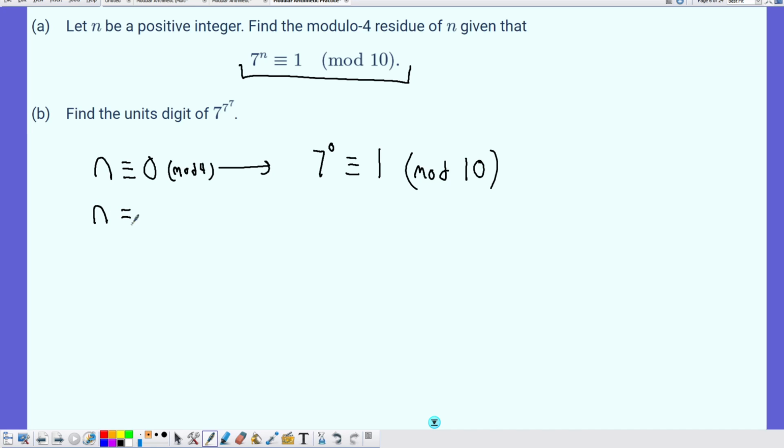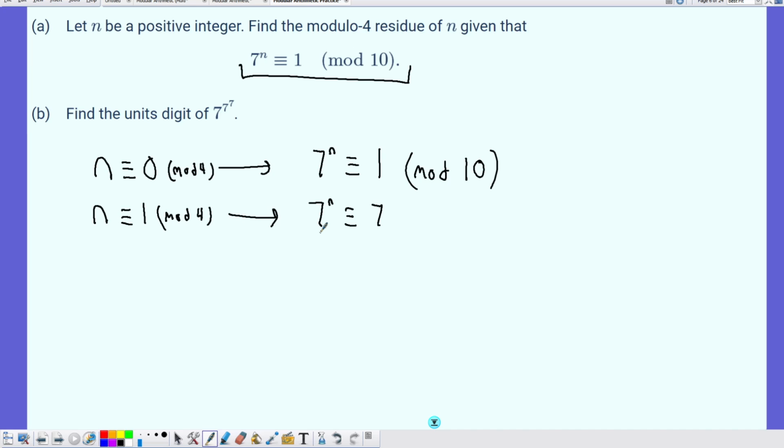Well, if n is congruent to 1 mod 4, then we would get that 7 to the nth power. I'm going to change these to the nth power because we're going to try to generalize this a bit. Because n doesn't have to be 1, it could be, in this case, 5. That would be, well, 7 to the first power is 7, which has a unit digit of 7.